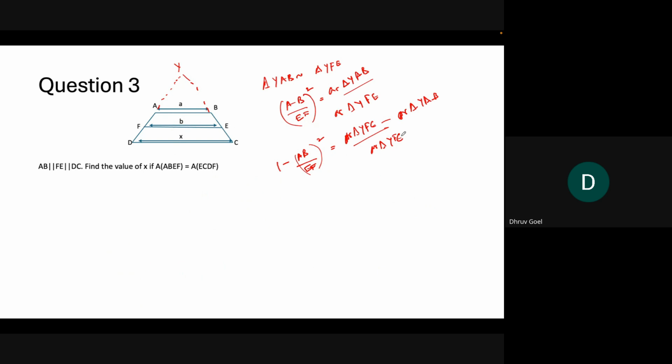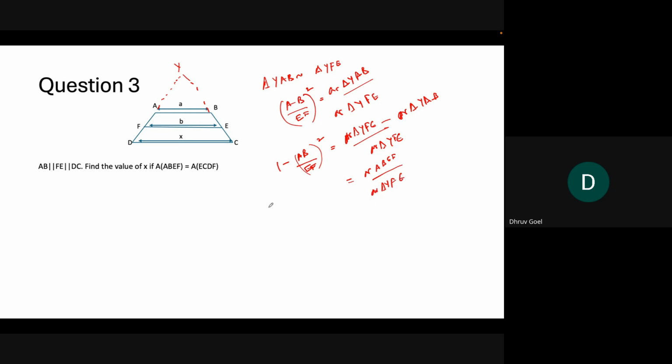Can I say this thing? And from this way, I would be able to get the area of ABEF only. So this is nothing but the area of ABEF upon the area of triangle YFE.